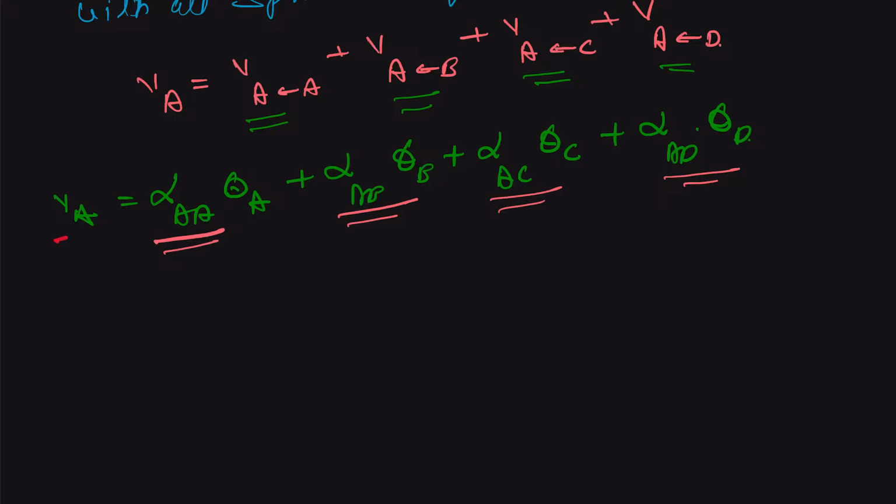So we found VA from their own potential and because of charges QB, QC and QD.